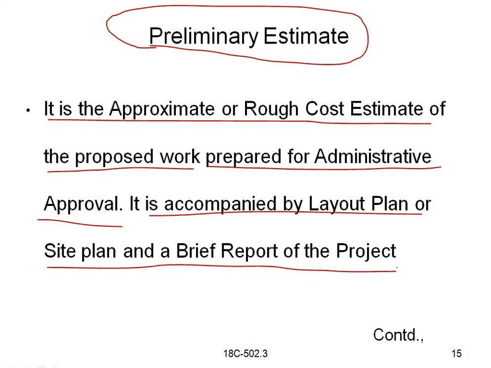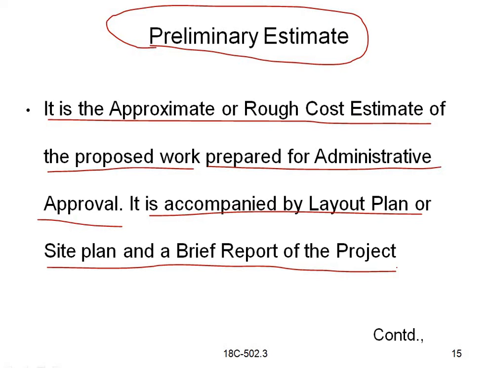After preparing the feasibility report and the preliminary estimate, we have to get approval from the administration, so that the concerned department gives permission and sanctions the budget, and then the project will be started. That's why it is accompanied by a layout plan, our site plan. Whatever site project we are constructing, we have to prepare a layout plan.